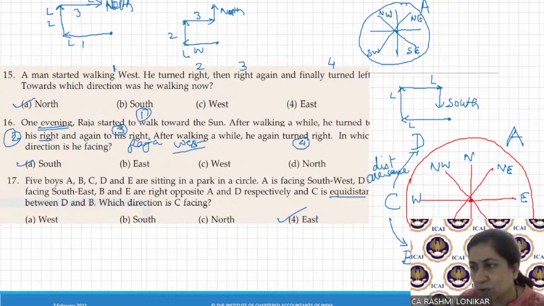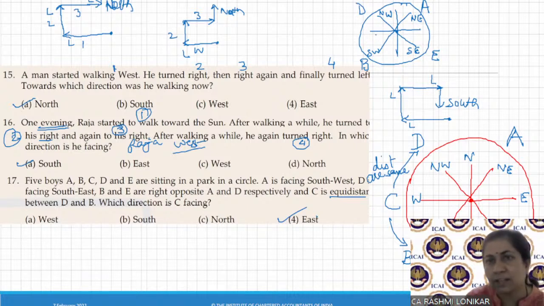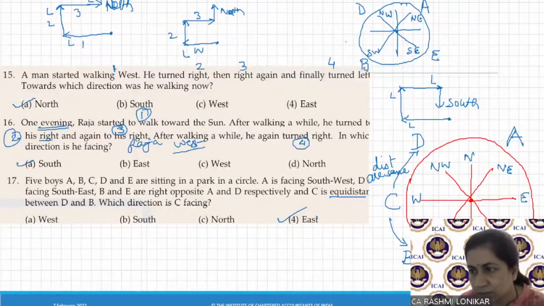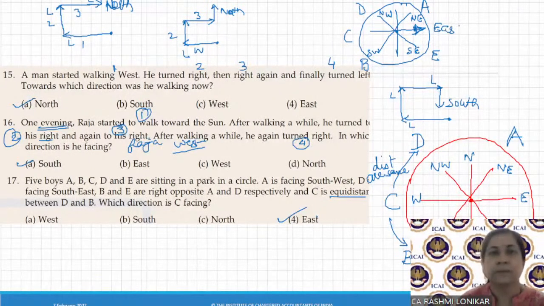D is facing southeast, so D is sitting over here. B is sitting opposite A, and E is sitting opposite D. Now they are saying C is sitting between B and D equidistant. So C will be here. Now which direction is C facing? This direction. Which is this direction? This is the east direction. Okay. Clear?